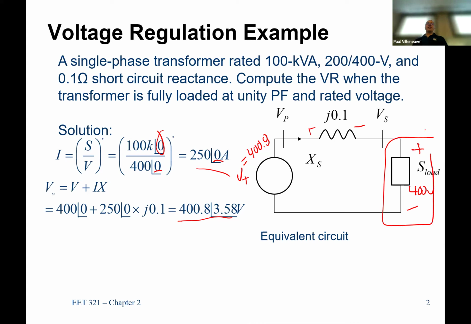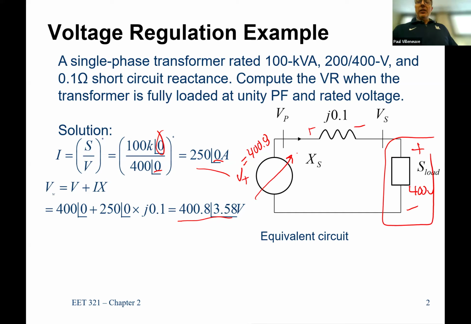So if I've contracted with you to provide me energy and you don't provide it at the voltage, then I'm going to find a different supplier. I'm going to go someplace else and get the voltage that I need. So what happens is this voltage here has to be adjusted as necessary to provide whatever value I need. So the voltage is going to have to be 400.8 volts.